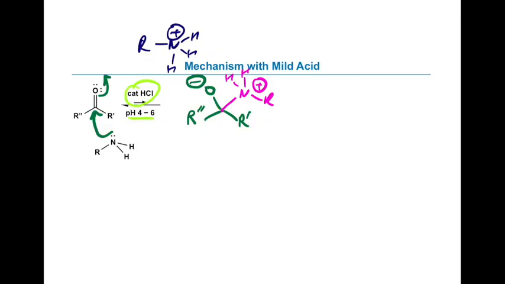So much like we talked about in the cyanide addition, where you have both the conjugate acid and the base that are part of some equilibrium, here in solution you've got the base and conjugate acid form of some acid-base equilibrium, where we're using both of them at different times in the mechanism.